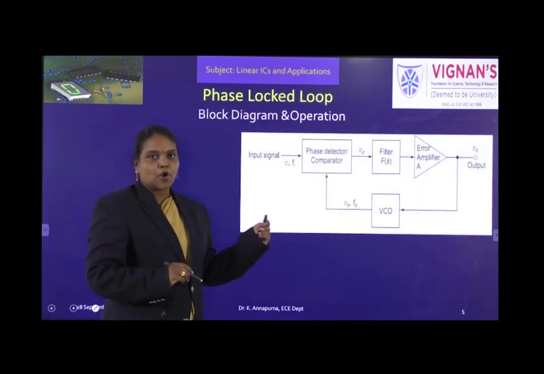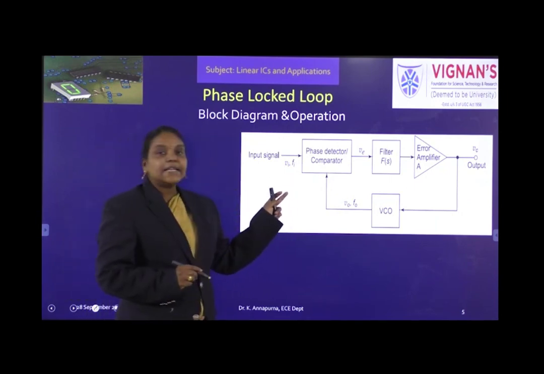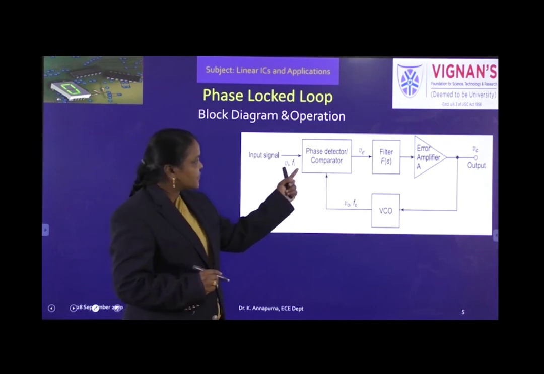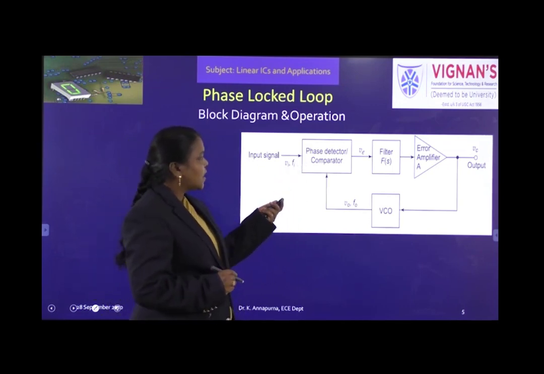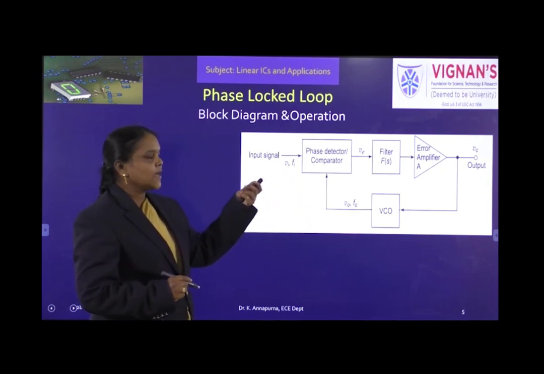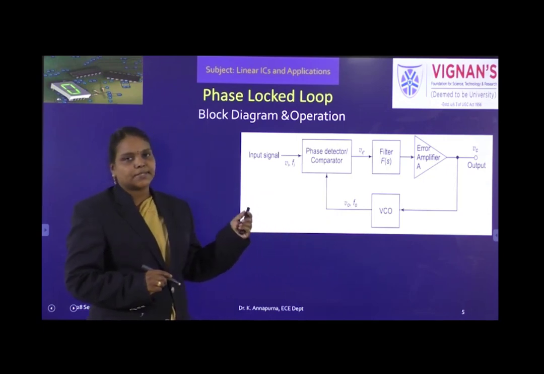Now let us see the block diagram and operation of the PLL. Basically it has 4 blocks. The first one is the phase detector or phase comparator, and next are the low pass filter, error amplifier, and VCO, that means voltage controlled oscillator.